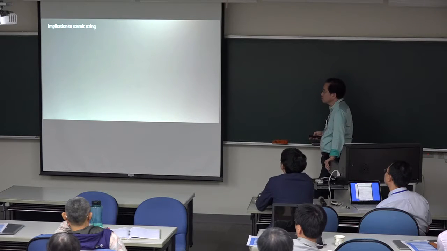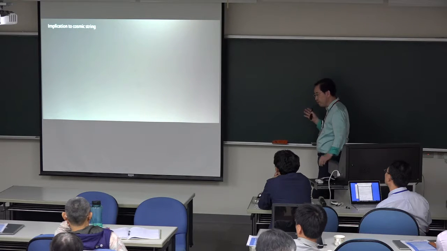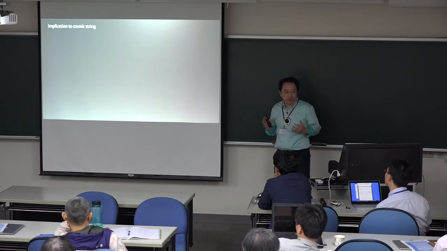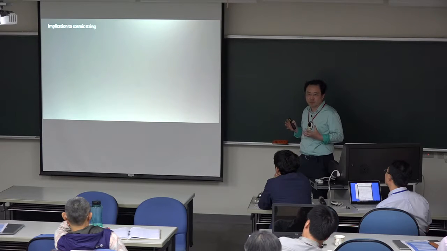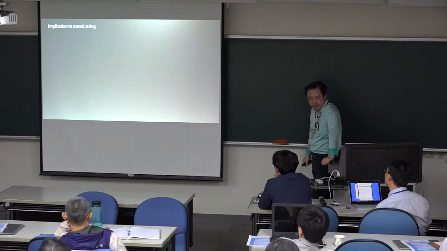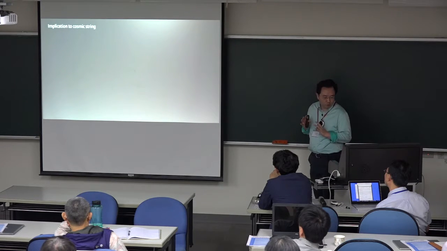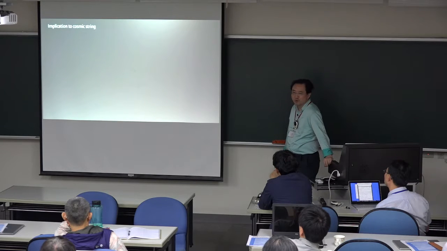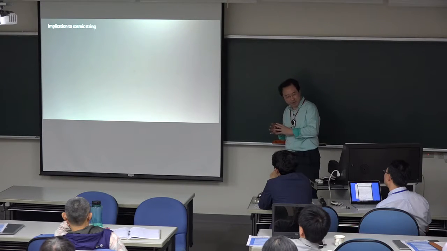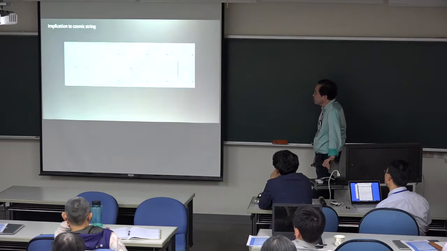And what is the implication of this result for the cosmic string? As I told you, the problem is if you have too many cosmic strings, meaning the number density of cosmic strings is too high, then it collides with the CMBR constraint, so you cannot keep the cosmic strings. But if you have too small a number of cosmic strings, then it may be impossible to observe the gravitational waves from them.